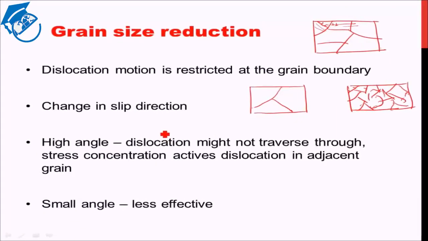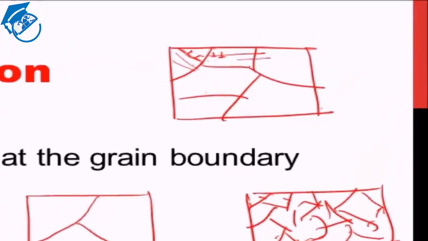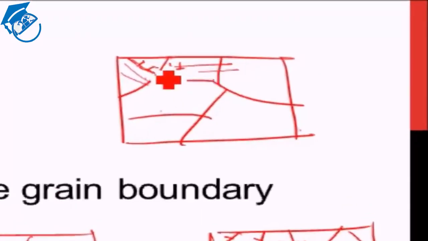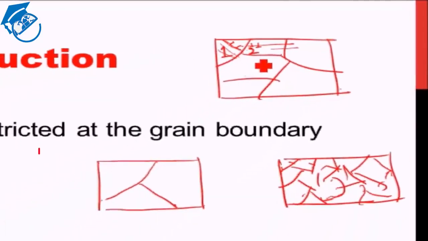Point to note here is that high angle grain boundaries are where the dislocation cannot penetrate from one grain to another. So for high angle grain boundaries there has to be dislocation accumulation in grain number 1, such that it leads to so much stress that there will be generation of dislocations in grain number 2.